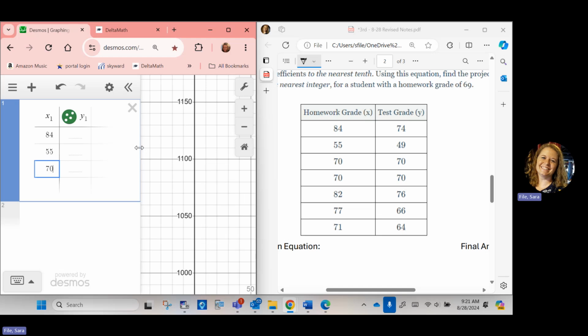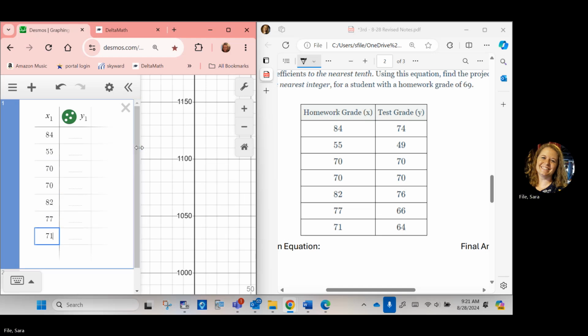So if y'all see me make a typo or a mistake, y'all call me out. So there's my X column, and then my Y column. All right, so my data is entered.